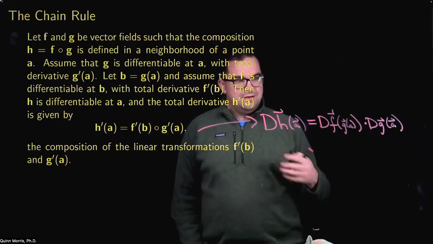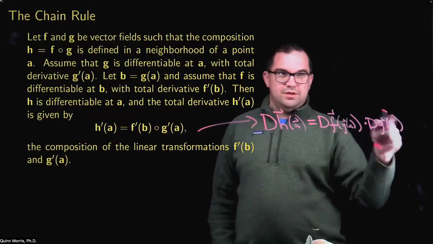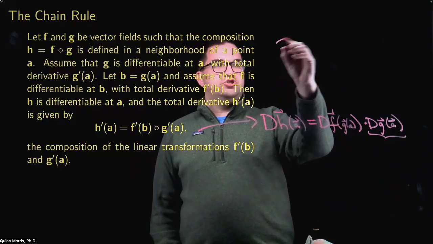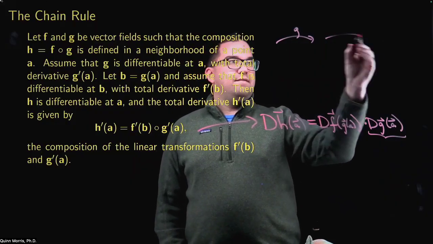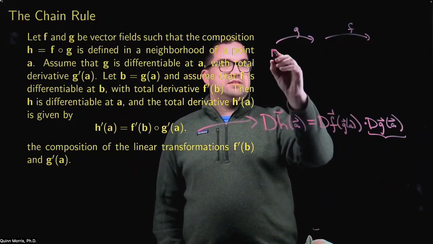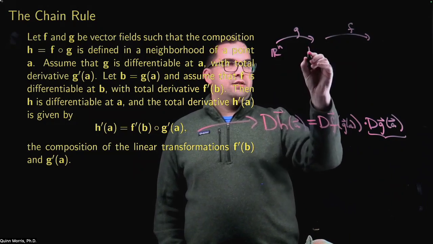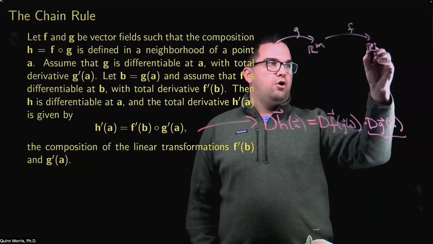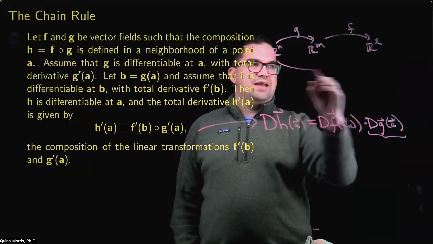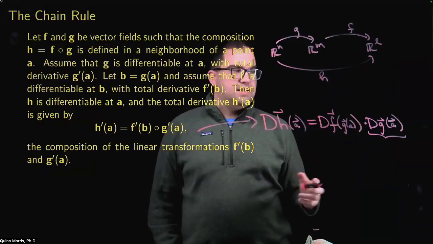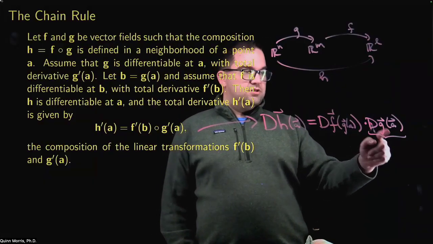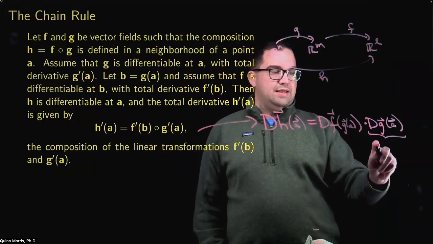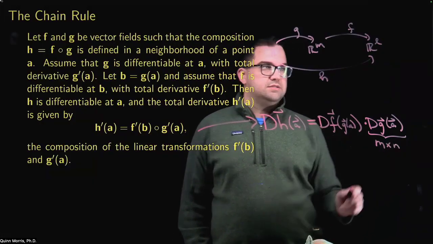So you have to be a little bit careful about making sure that the dimensions of all these things match up. Like before, if I had G and then F, and G is taking an input in Rn to Rm, and F is taking something from Rm to Rl, and then H is operating here, the Jacobian of G is going to be an M by N matrix.